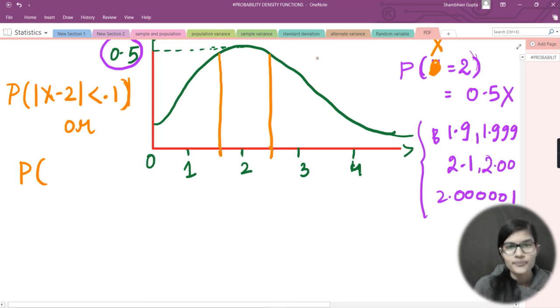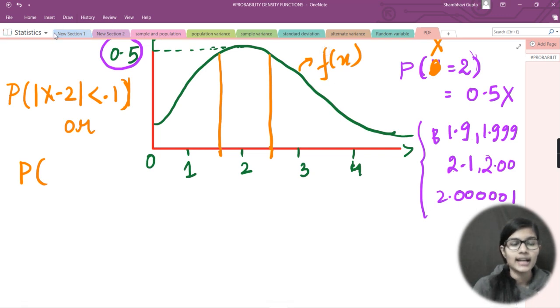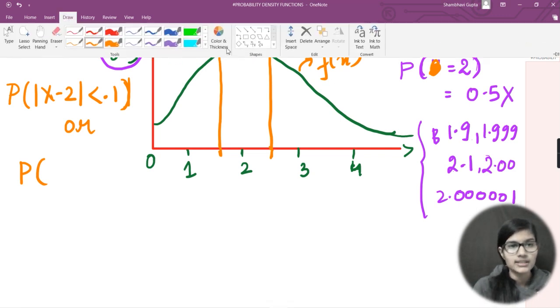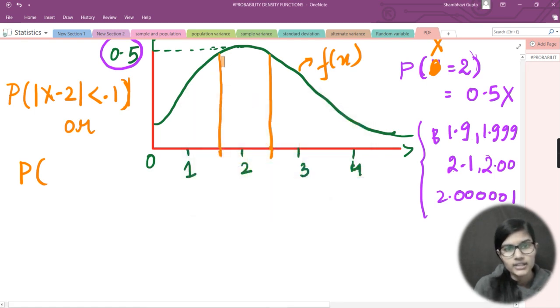So this is my x. As I told above, it is denoted by f of x. So this orange colored area, whatever I have made here, is the probability that I wanted to find, right? Let me take the color and highlight that.